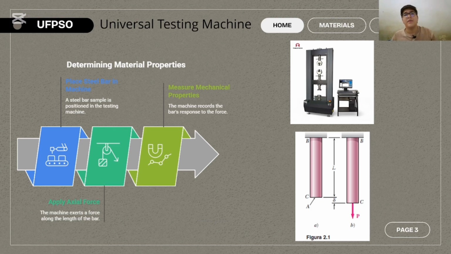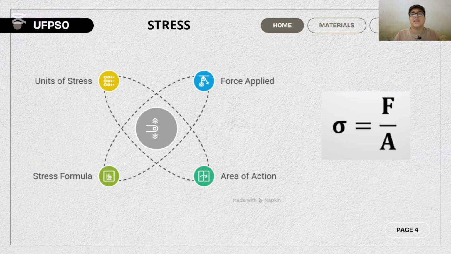Now we are going to talk about two fundamental concepts: stress and strain. Stress. What is stress? Stress is the force applied to a material divided by the area over which the force acts.